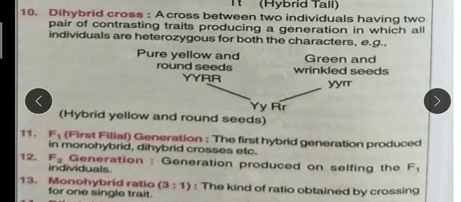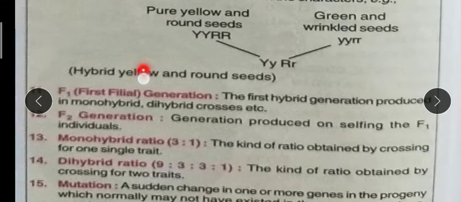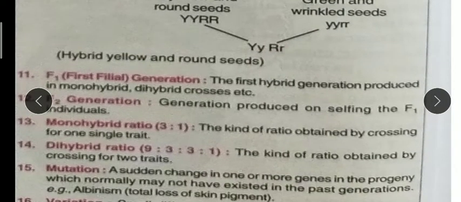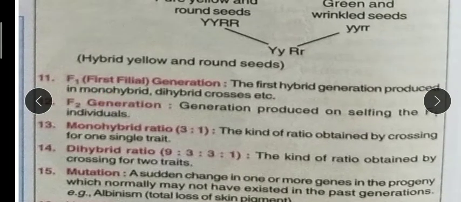So after the cross, in the F1 generation, in this 10th point, you can see hybrid and the round seed, because these two are dominant. This plant has the dominant gene for round yellow seed. Here you can see the first filial generation, the hybrid generation, produced in monohybrid and dihybrid crosses.